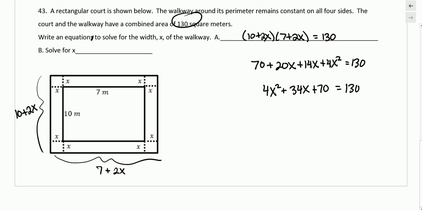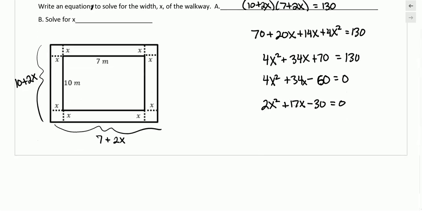And then I'm going to subtract 130 to make this equal to 0. All my numbers are even, so I'm going to divide them all by 2. And then I'm going to solve for x. Here I'm going to use the quadratic formula.